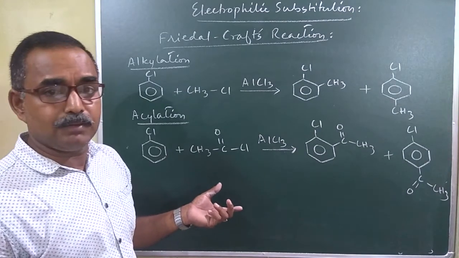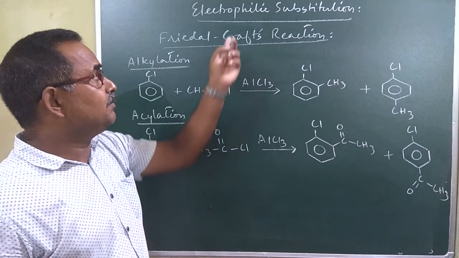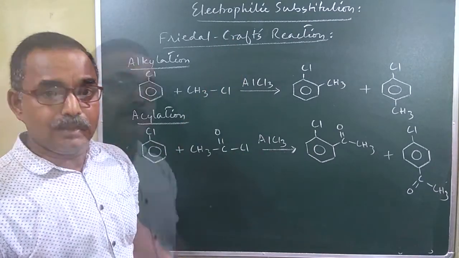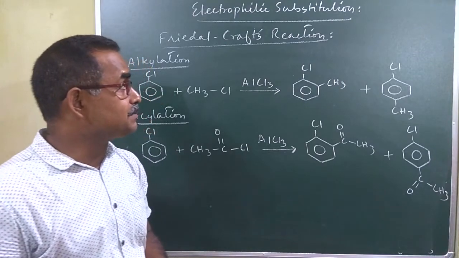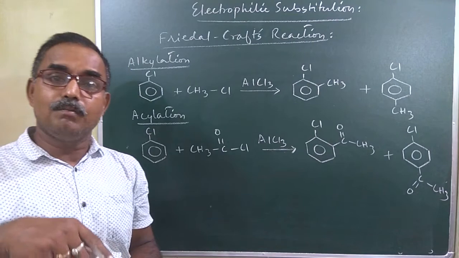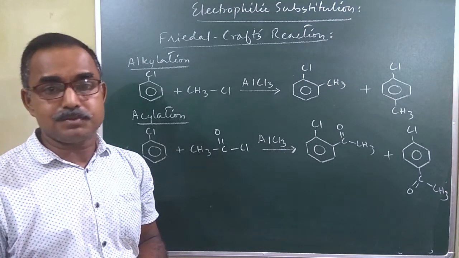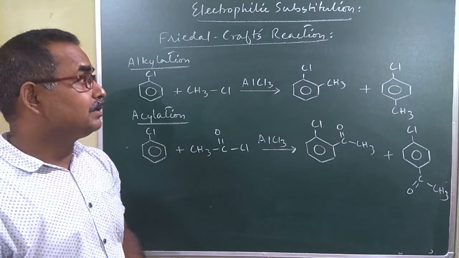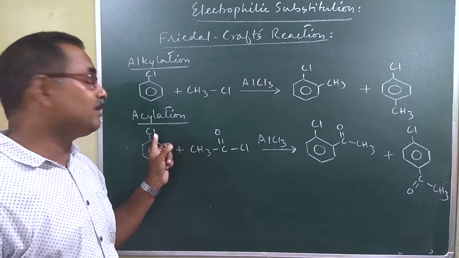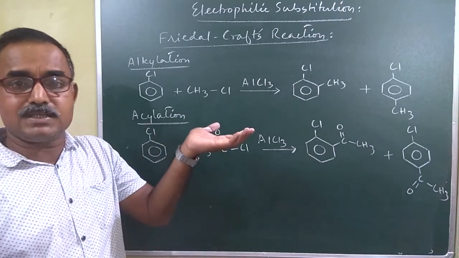Being aromatic compounds, aryl halides easily undergo electrophilic substitution. However, electrophilic substitution in aryl halides is somewhat more difficult to perform compared to unsubstituted benzene. Why so? This is because of the deactivating group, halogen atom. Halogen atom is deactivating because of its minus I effect.